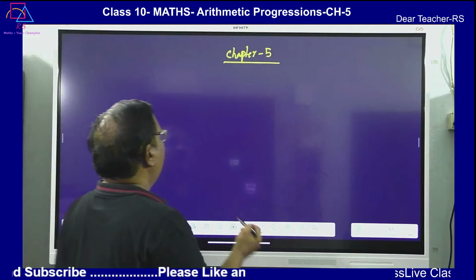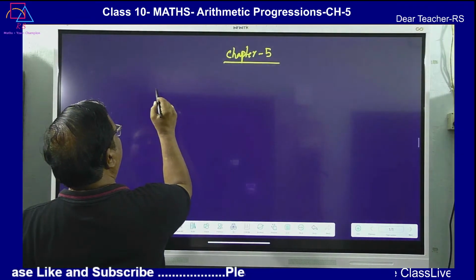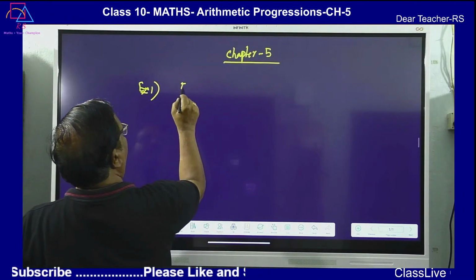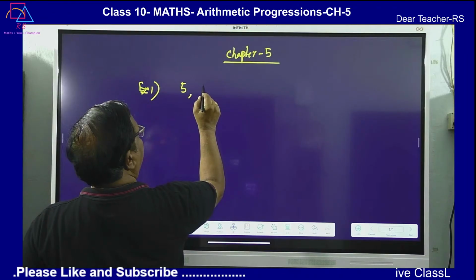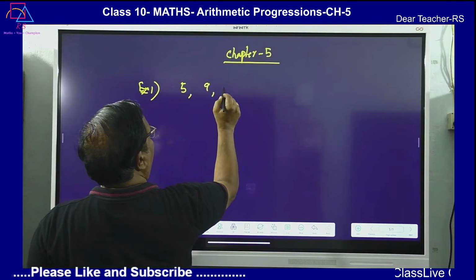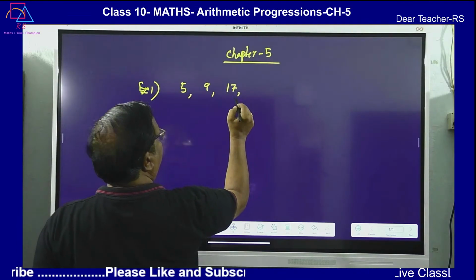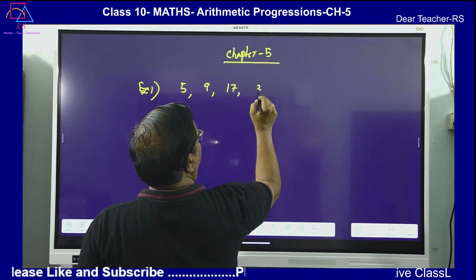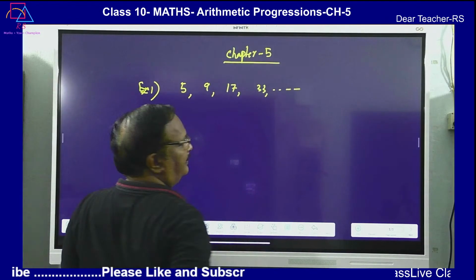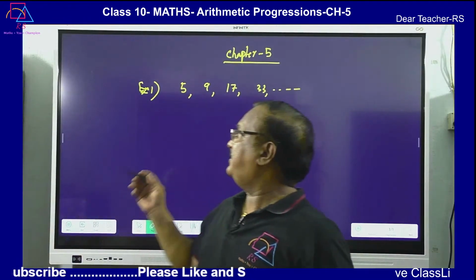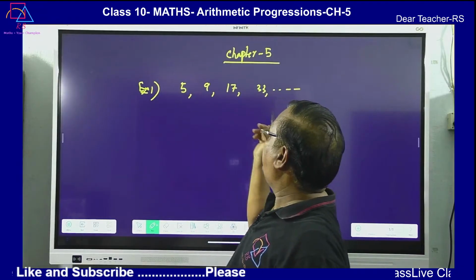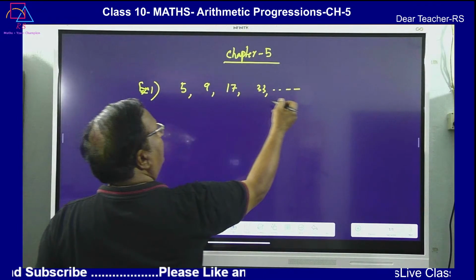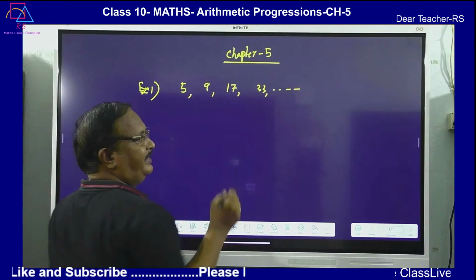Now, I will give you some patterns of numbers. Example: 1, 5 plus 4 is 9, 9 plus 8 is 17, 17 plus 16 is 33, and so on. This is a pattern of numbers with some specific condition. You are getting each number by a special condition.